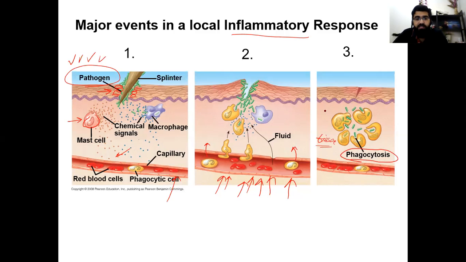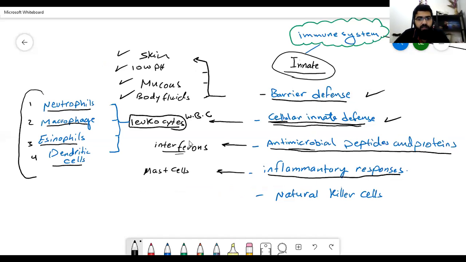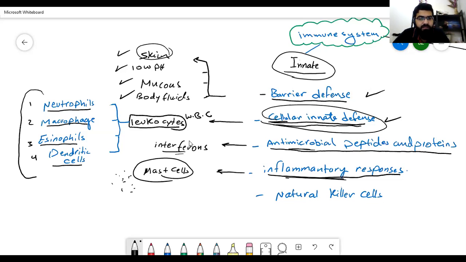Okay, so as you see, guys, these different ways of innate immunity work together. The barrier defense was the skin. If there's injury in the skin, mast cells form the inflammatory response. Mast cells release histamines, and these histamines cause vasodilation in the capillaries to increase the cellular innate defense, to increase the neutrophils, macrophages, eosinophils, dendritic cells, to increase the flow of blood there, right?